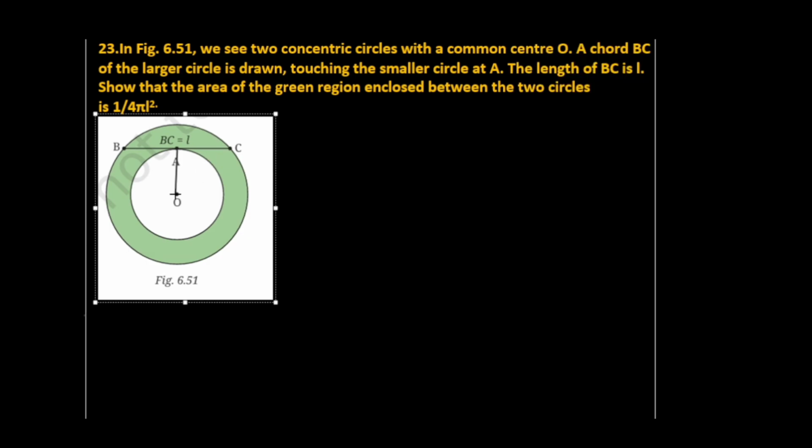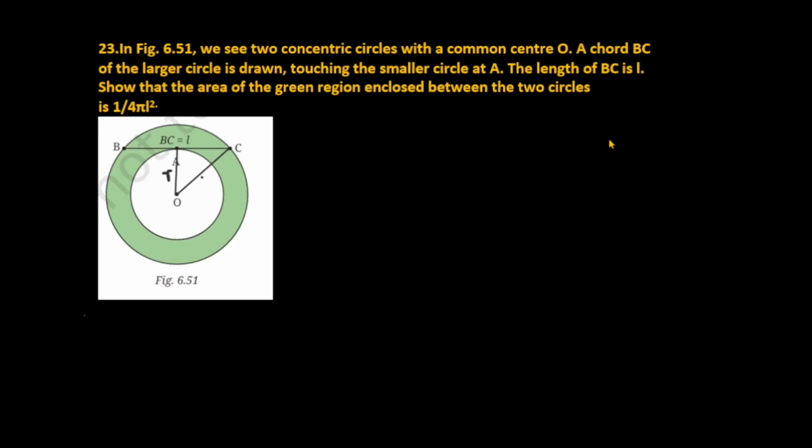Now joining O to C, we get the radius of the larger circle. The smaller circle's radius is small r, and the larger circle's radius is capital R. We know that the line from the center to a chord, drawn to the point of contact, is perpendicular to the chord.